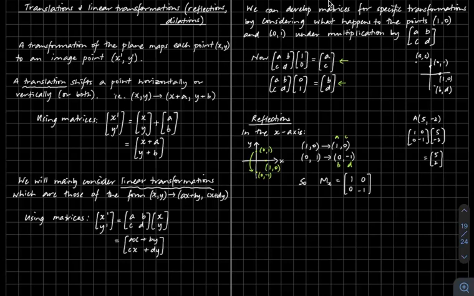So 5, negative 2 has ended up at 5, positive 2. And all that's happened there is that it's been reflected in the x-axis. So, to clarify, the matrix we've developed is the matrix for reflecting any point in the x-axis. We can always use that as a matrix for reflection in the x-axis.